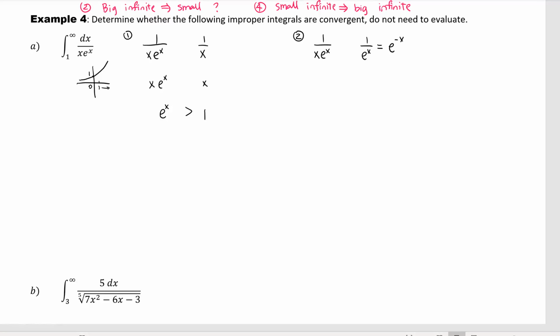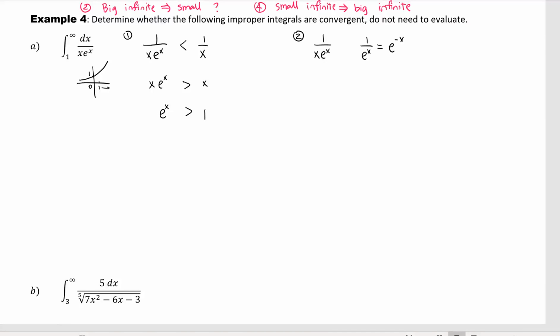Next, we multiply by x on both sides, and x is positive, so the inequality stays the same. But how do we get the fractions? Remember, if we have a bigger denominator, then we have the smaller number. So when we flip it, the inequality also flips.